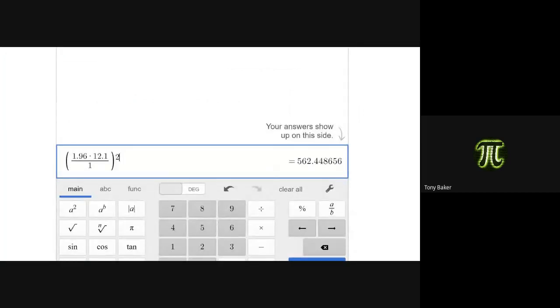So there's my formula. I would need to get the ages of 562 people.